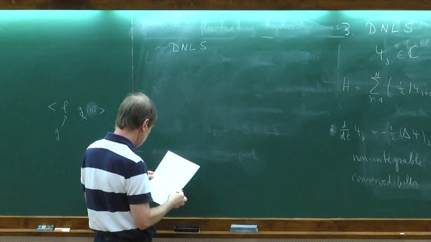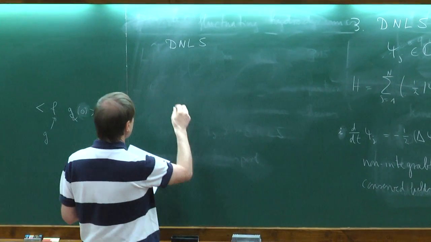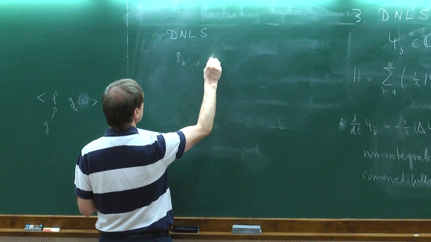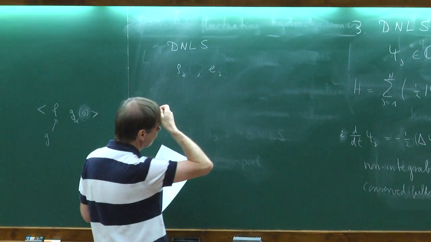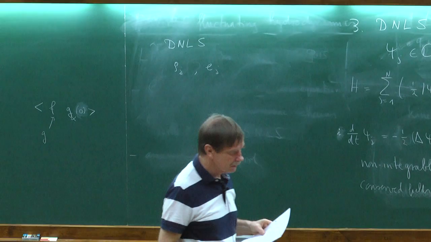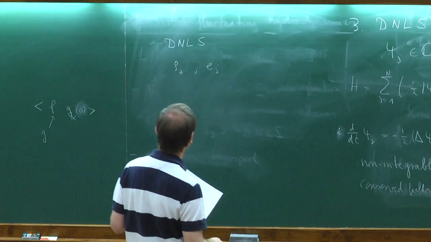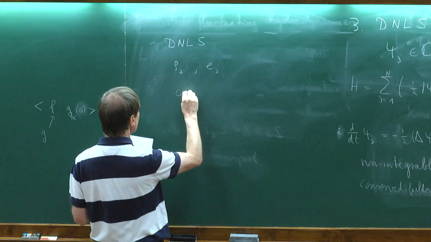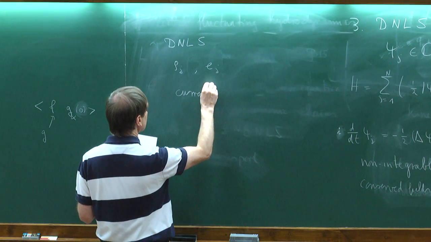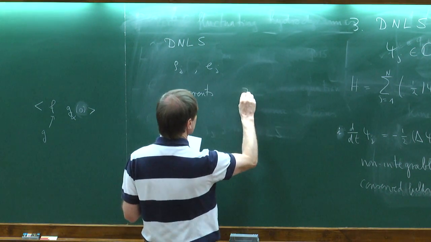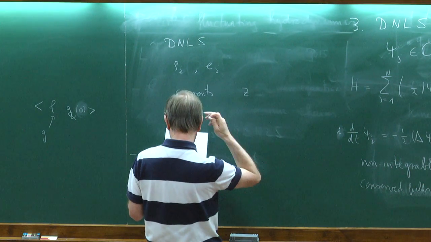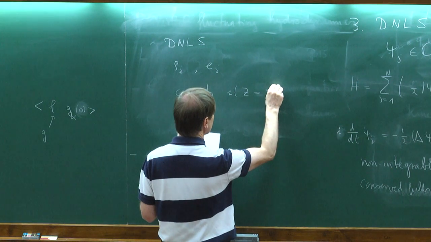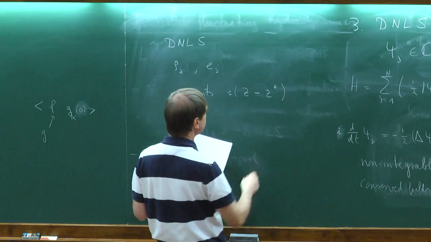I don't do any computations here, but remember that we have two fields, the rho J and the energy EJ. You don't need any details. The only thing you need is that both currents are of the form I times C minus C complex conjugate.